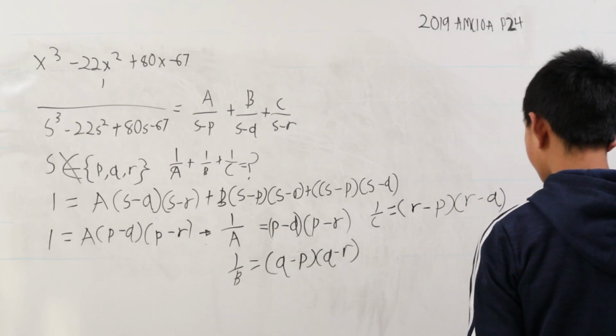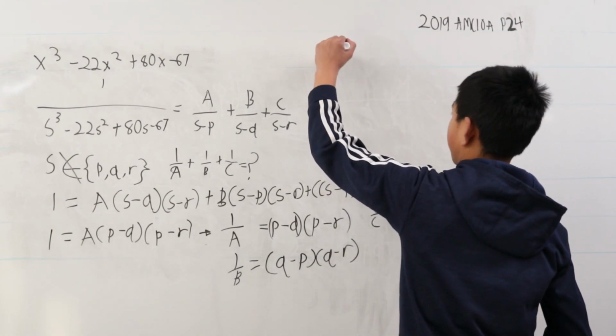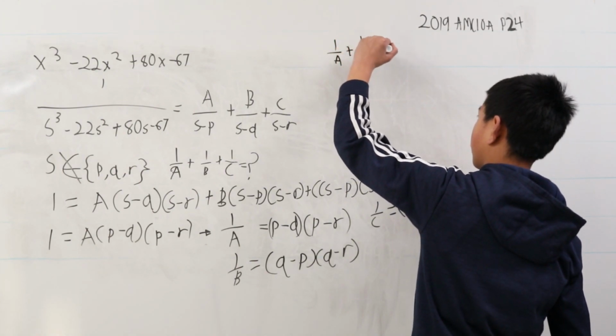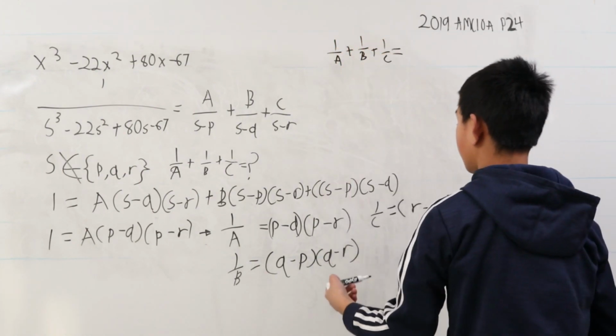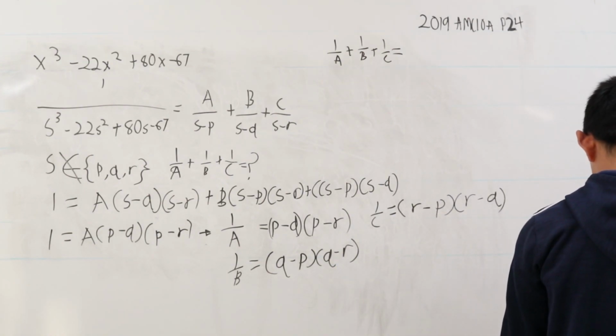Now, what we can do with all these values is sum them up. So 1 over a plus 1 over b plus 1 over c. Let's just multiply them out and then add them up.